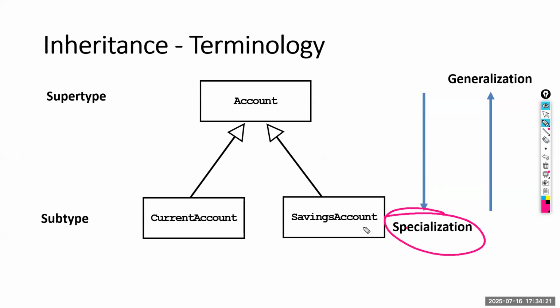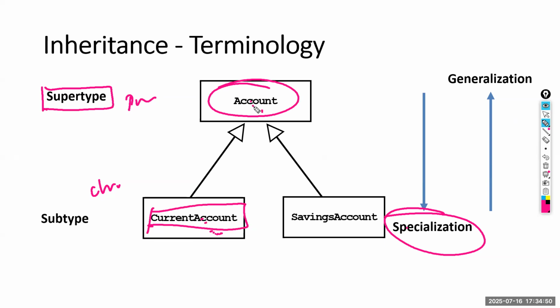A subclass or subtype is a special case of the general type. Sometimes we use the words children and parent, but it's very misleading. The better words are supertype and subtype. Loosely, parent and children, but in a very professional manner, just call it supertype and subtype, because a subtype is a special case of the supertype.